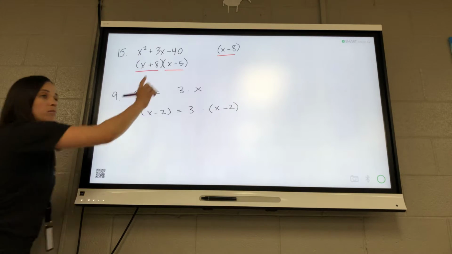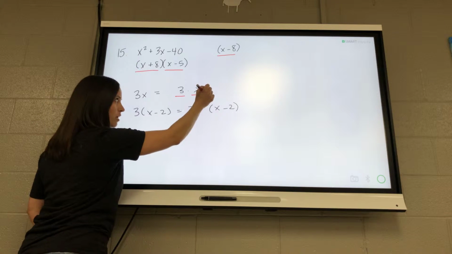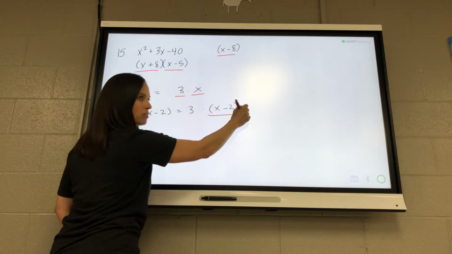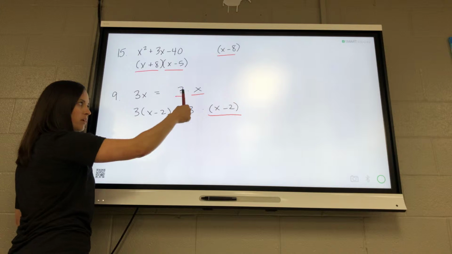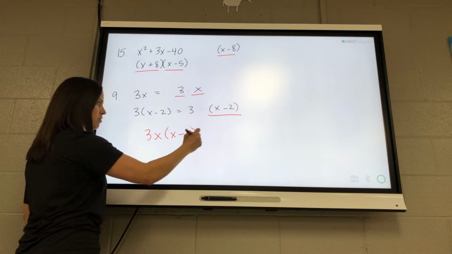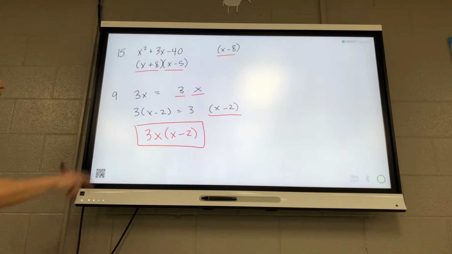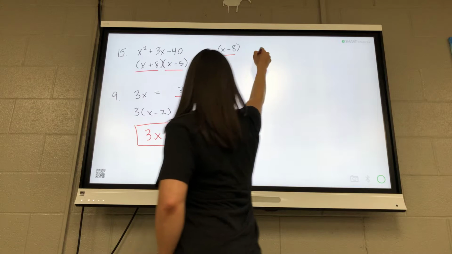We had 3 in both of these, so we had to include it once. We have an x, we have to include it, and we had to include the x minus 2. We don't include the 3 twice because we already have it. So this one was 3x, x minus 2. Does that make a little more sense? And then this one was all 3 of those.